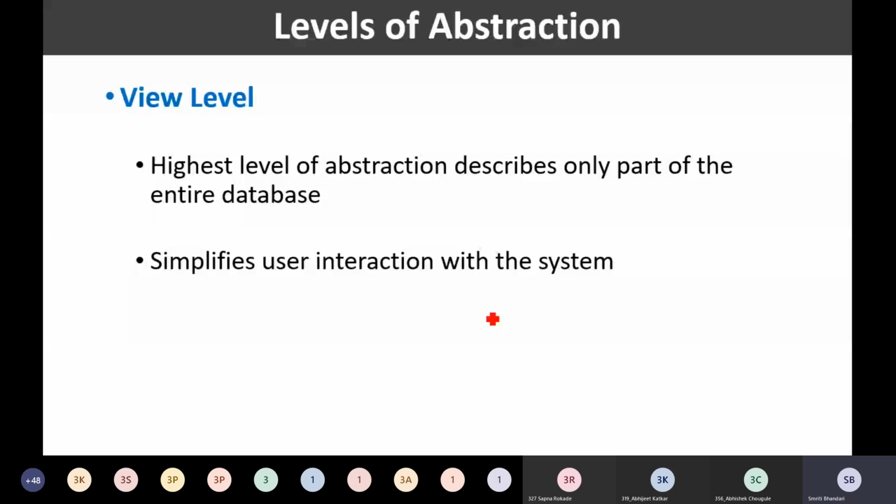So this level of abstraction describes only some part of the entire database that is relevant for that particular user. And this actually helps us to simplify the user interaction with the system.